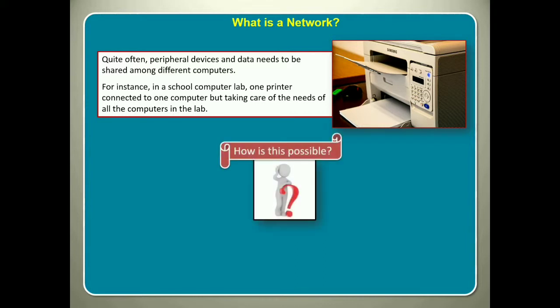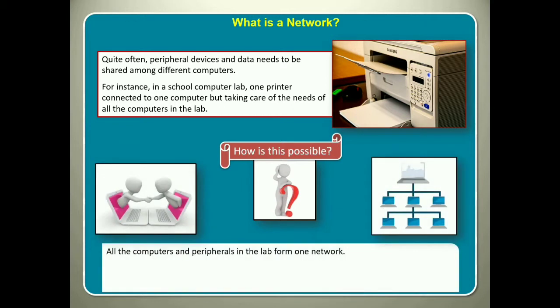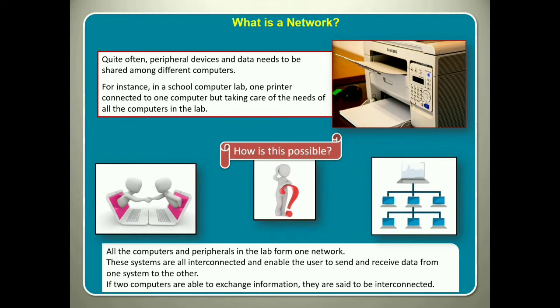How do you think this is possible? It is because all the computers and peripherals in your lab form one network. These systems are all interconnected and enable you to send and receive data from one system to the other. Thus, if two computers are able to exchange information, they are said to be interconnected.